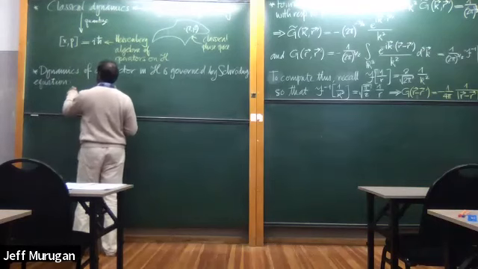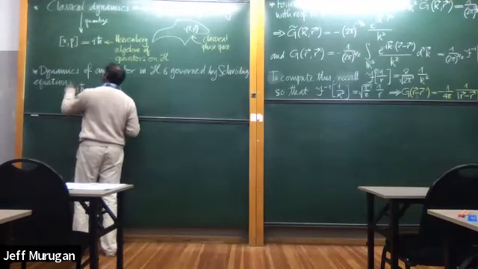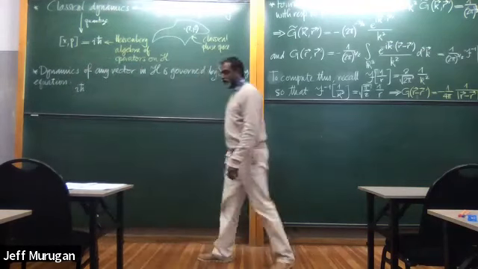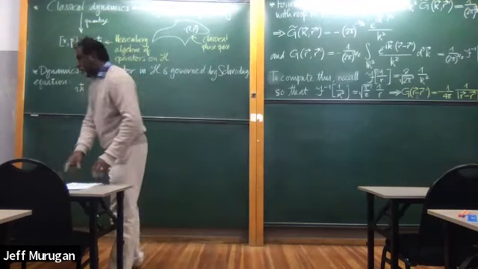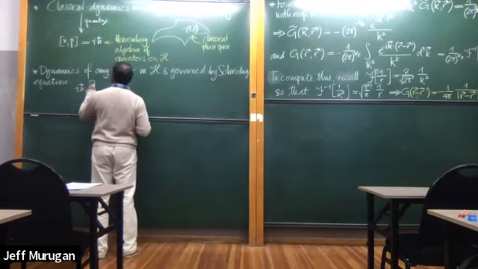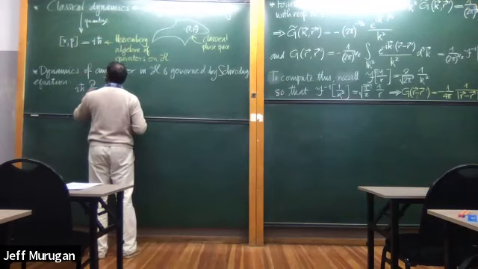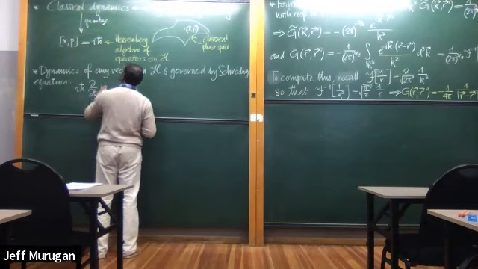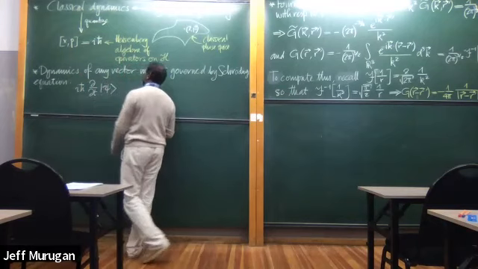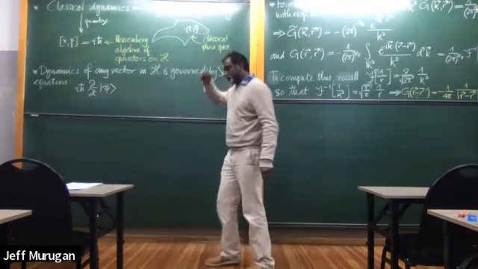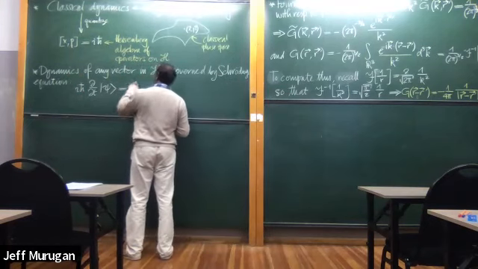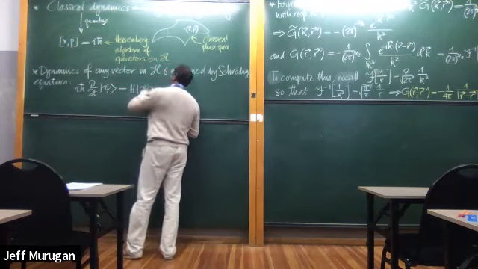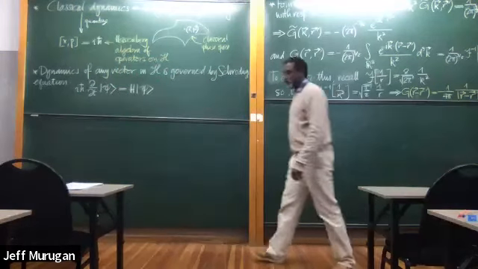The Schrodinger equation you're familiar with says that i times h bar, Planck's constant, times the derivative with respect to time of the state psi as a vector, this is a ket in Hilbert space, is the Hamiltonian acting on that state.